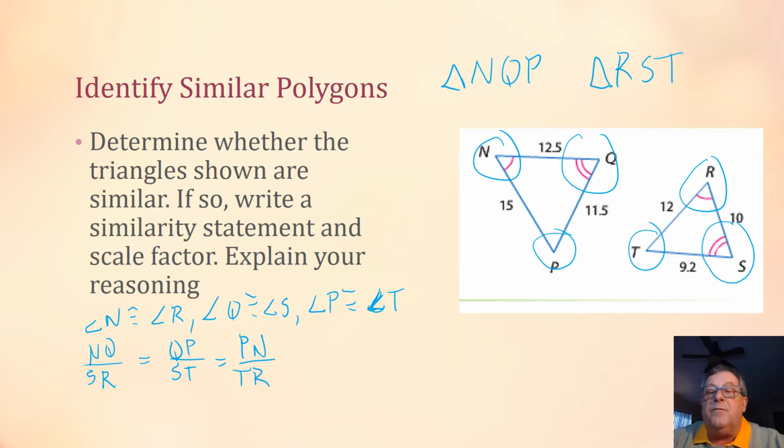Well, let's put some values in here because we've got the side lengths, and we see if we can get a proportionality statement, which then would lead us to a scale factor.